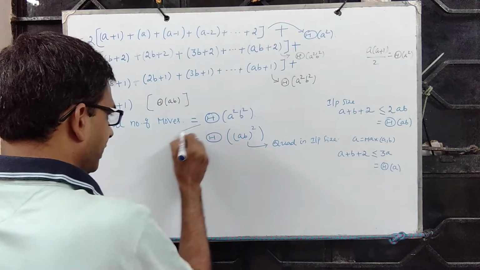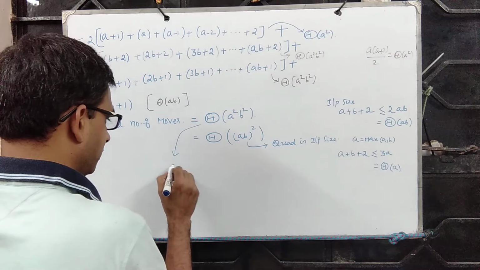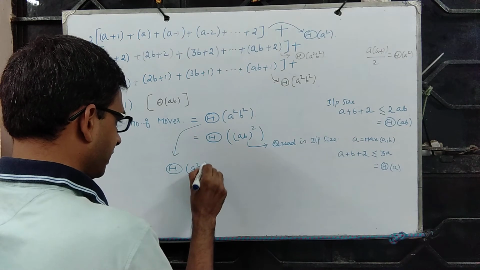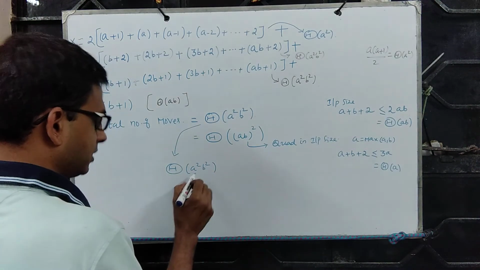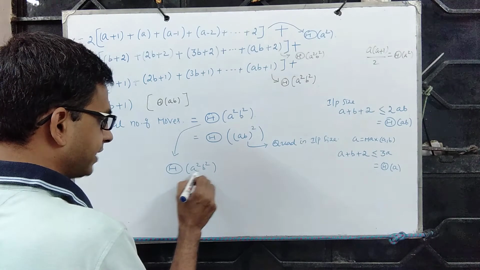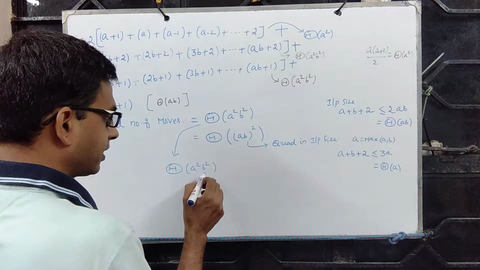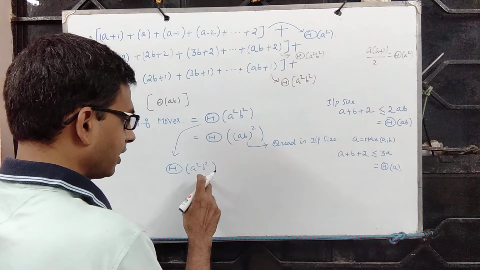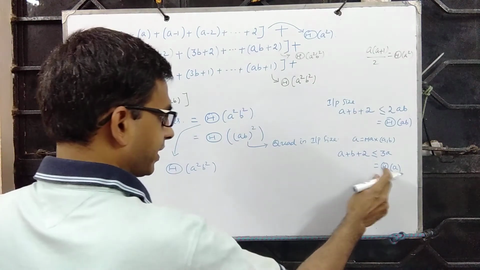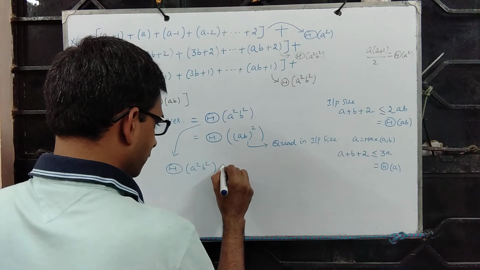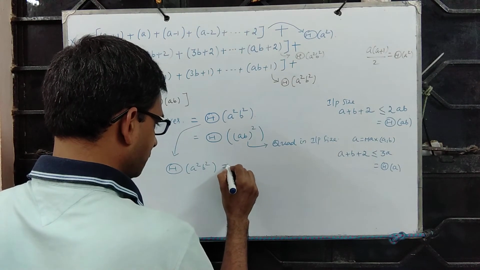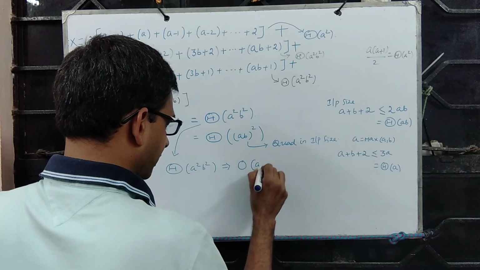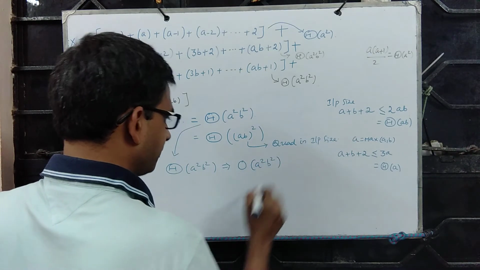Now let me rewrite this part. So theta of A square B square is at most some constant times A square B square, but we know that B is upper bounded by A. So which means this one is order of A square B square.